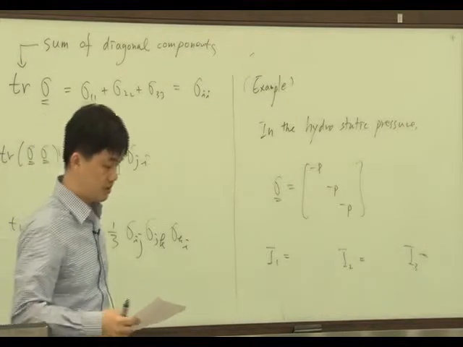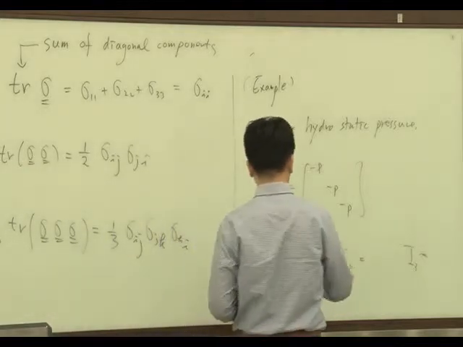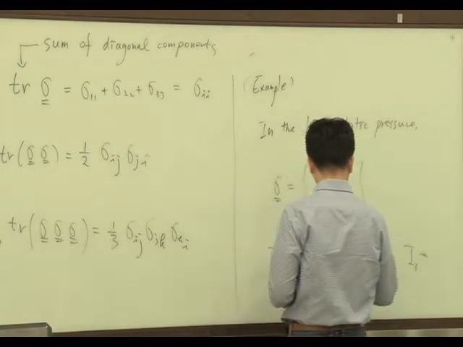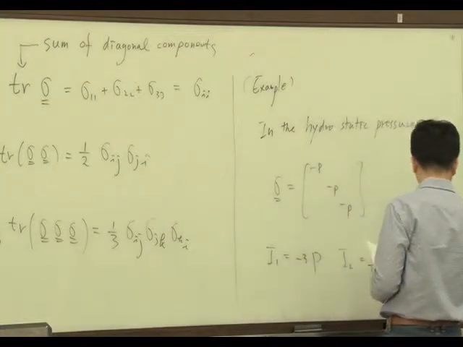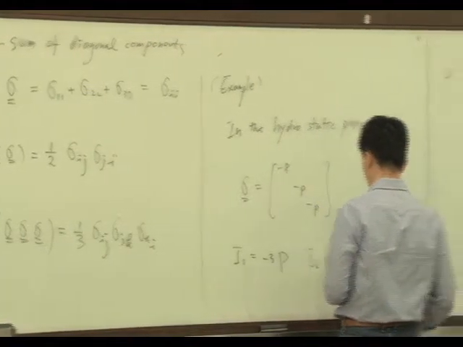This is a very simple problem, so we can easily calculate: minus 3p, 3 p squared, minus p cubed.